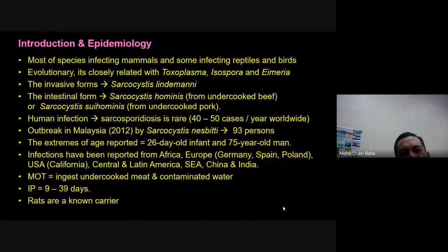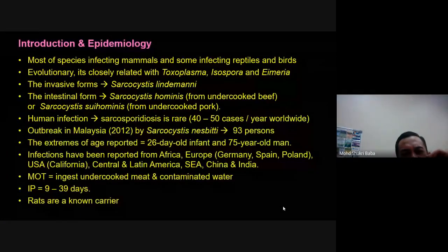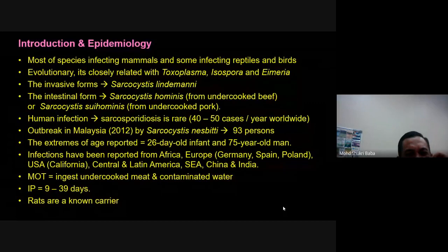Infection have been reported from Africa, Europe, which is basically Germany, Spain, Poland, and also in USA, in California, Central and Latin America, in Southeast Asia, China, and also in India. Most mode of transmission, of course, ingest undercooked meat, saya kata tadi undercooked beef and juga undercooked pork, and contaminated water lah, kalau you minum air yang tercemar.